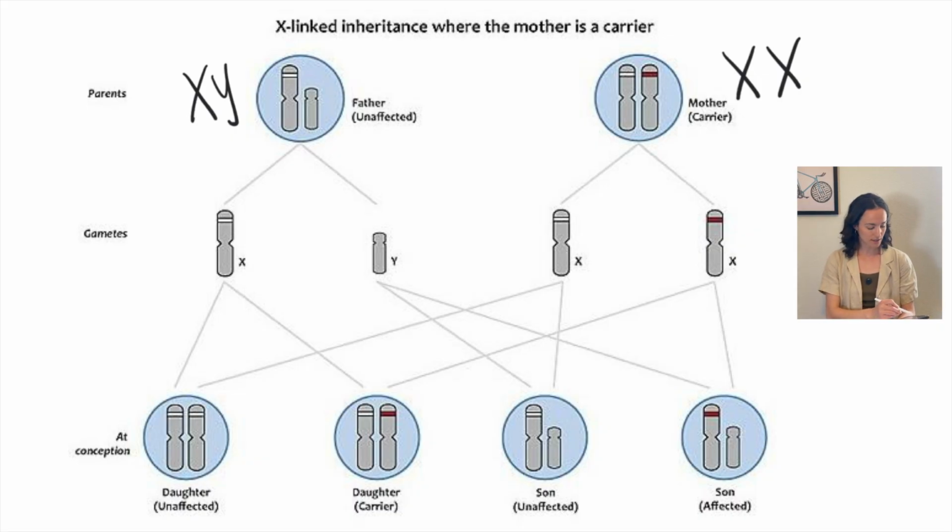So in this situation, the color blindness trait is recessive. And I know from context because it says the mother is a carrier. If the trait was dominant, then the mother would be affected and not just carrying the trait. So some people are carriers, like I might be a carrier for the color blindness condition, but I just don't know because I have an X chromosome that's functional and masking that recessive trait.